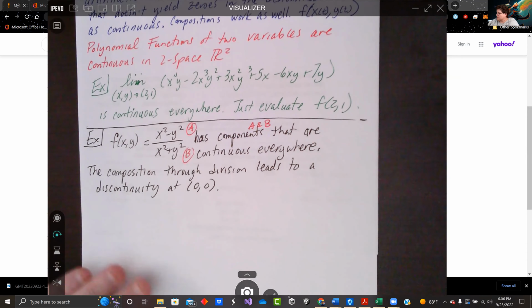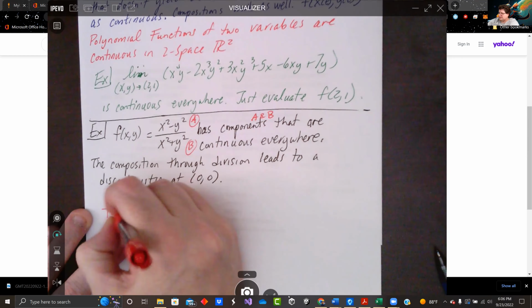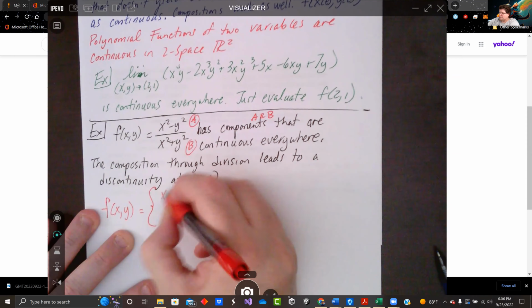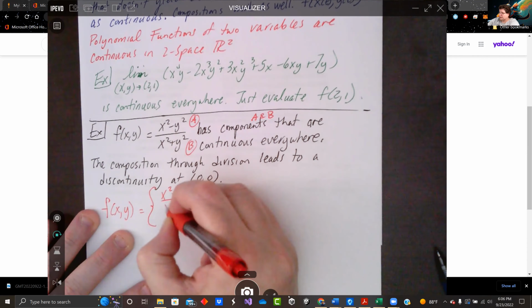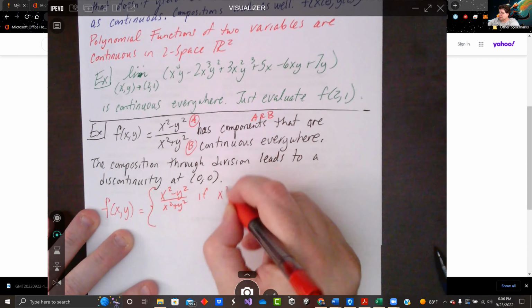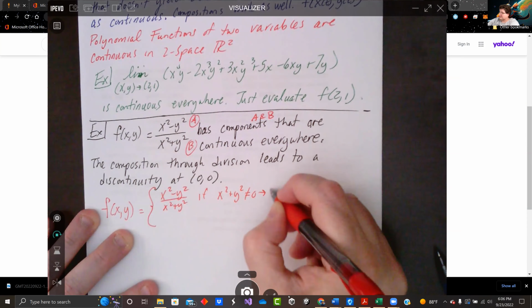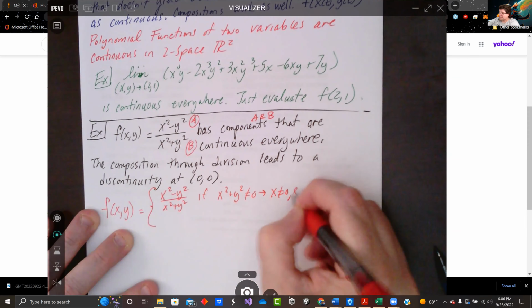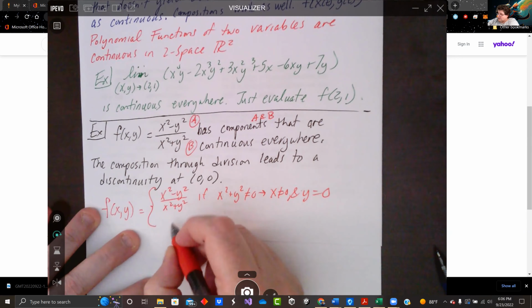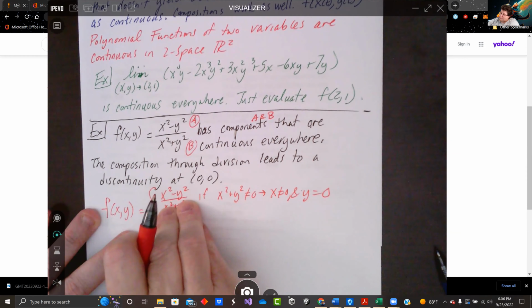Sometimes what they do to address this is they will say f of x y equals x squared minus y squared over x squared plus y squared if x squared plus y squared does not equal 0, i.e. x does not equal 0 and y does not equal 0. And then they'll say f of x y equals, what would the top equal if we had it? x squared minus y squared would be 0.